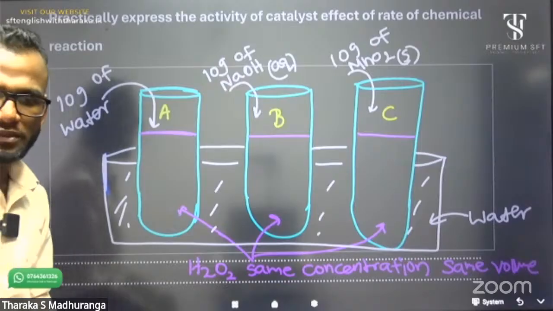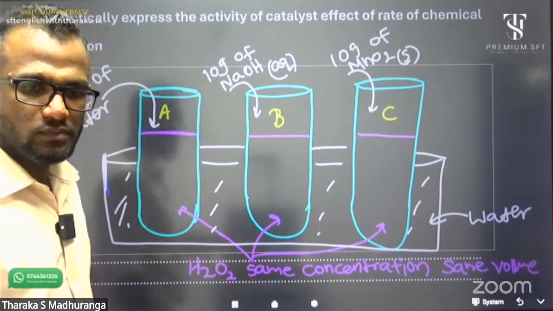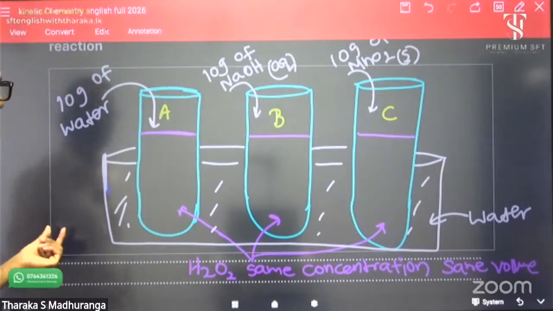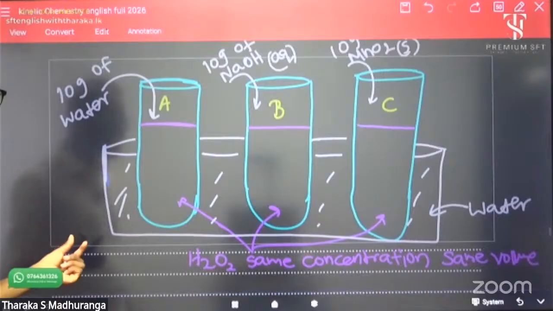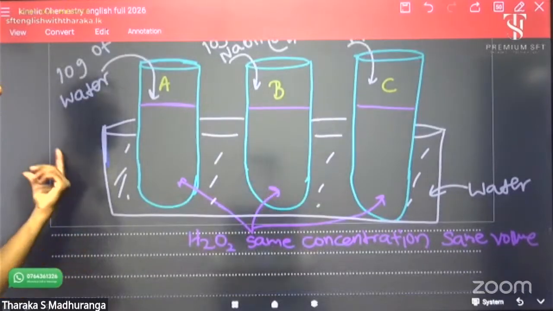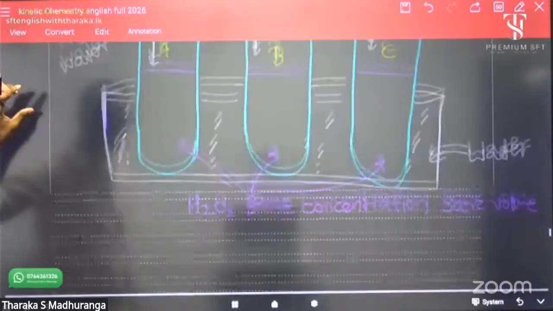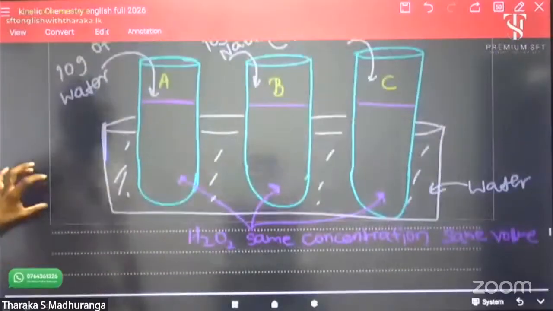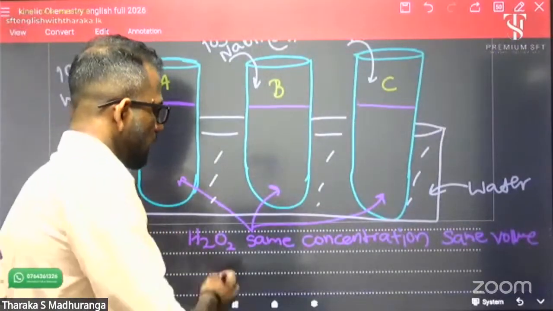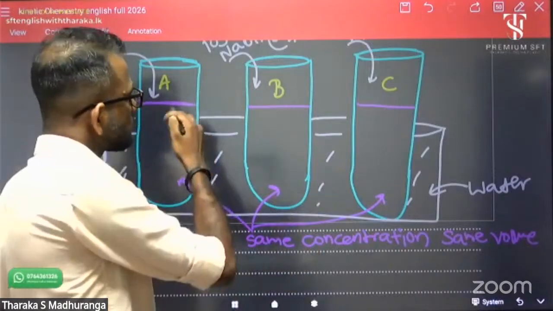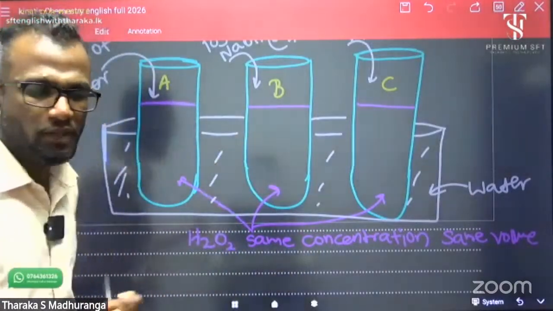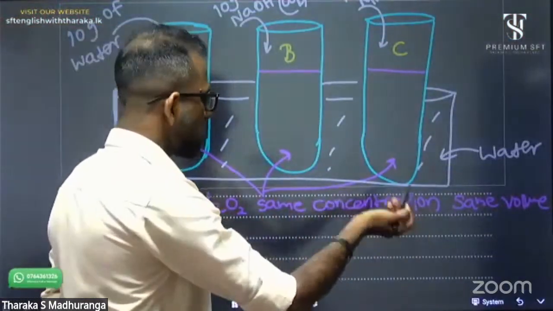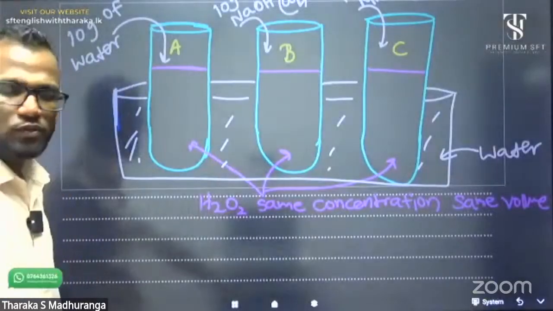Okay, complete. Now I have selected three same size test tubes with the same concentration and same volume of hydrogen peroxide solution.